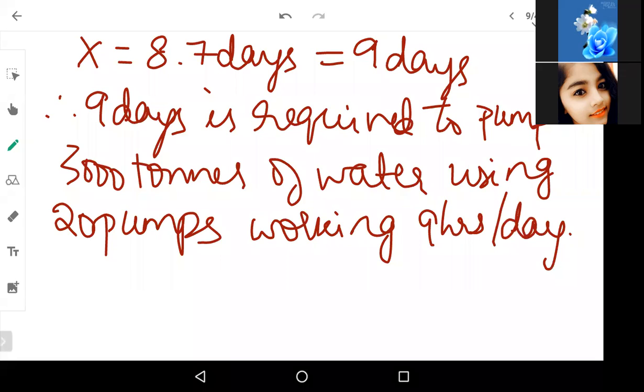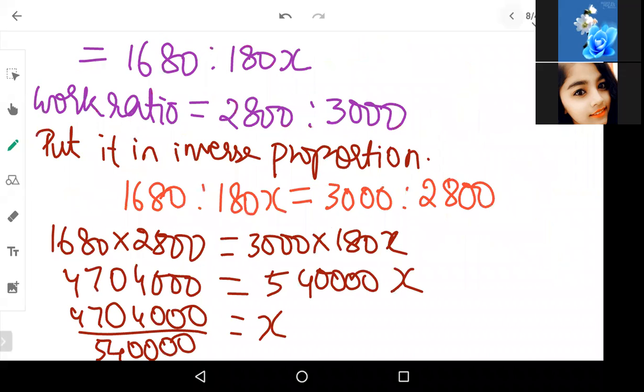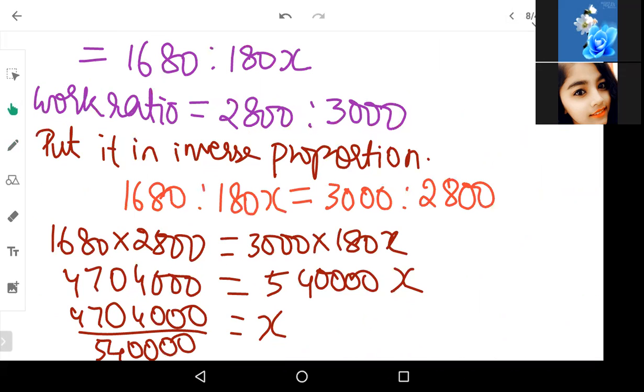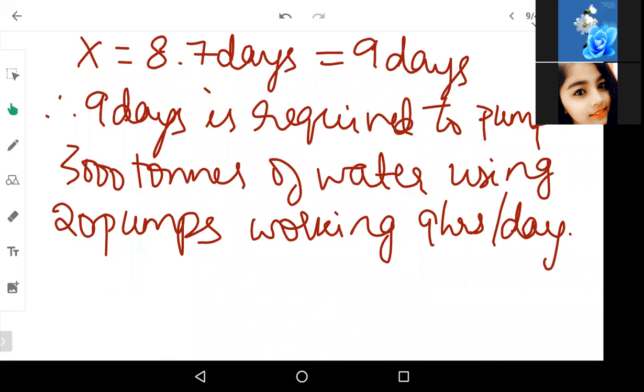Whatever is given in the question, if you see the second sentence in the question, define the same thing. In that, 9 days is required to pump 3,000 tons of water. Just frame a sentence: 3,000 tons of water using 20 pumps working 9 hours a day. I'm just taking whatever is given in the question. Understood? Is it clear?